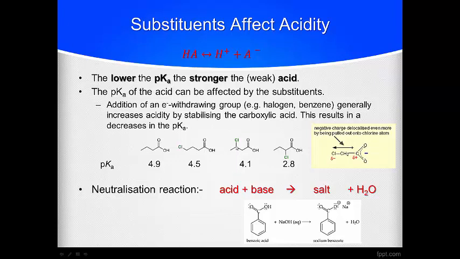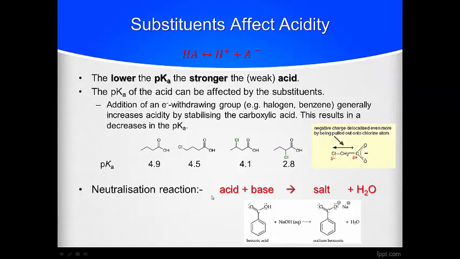If the chlorine comes a bit closer, it becomes more acidic, and if it's right next to it, it's down at 2.8, so it's directly pulling electrons, and it's close enough to have a substantial effect. Okay, so the closer the electron withdrawing group is attached to the carboxylate anion, the more acidic the compound is, so the lower the pKa.